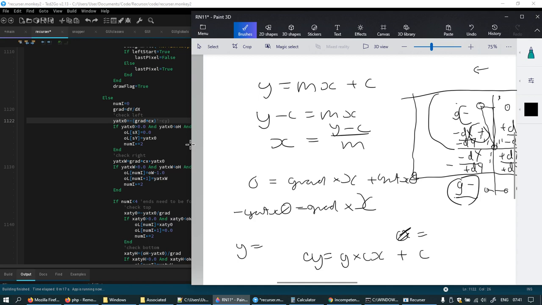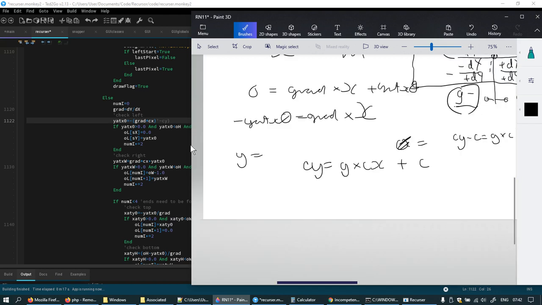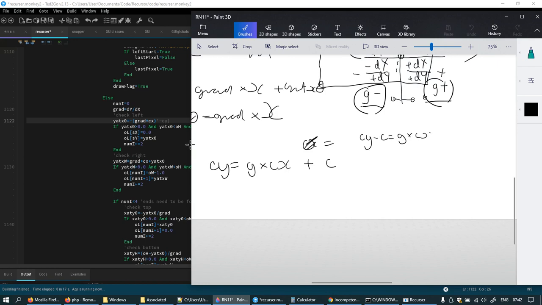Okay, right. Subtract c from both sides. I minus c equals g times cx. Okay, I see how I got it. Then subtract. Is that even alright?